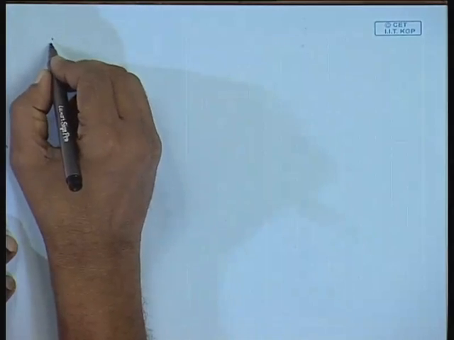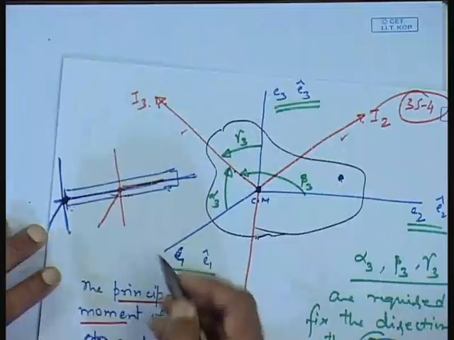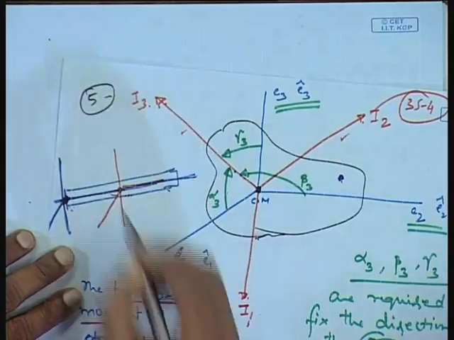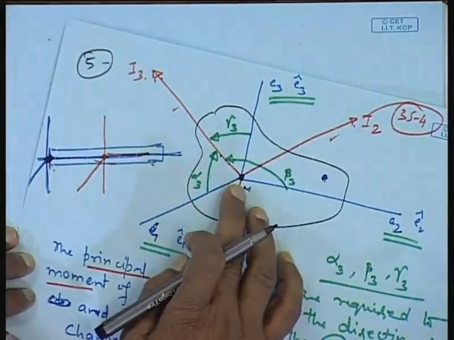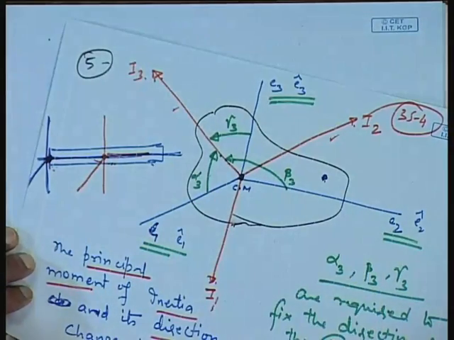So, the eigenvectors are the principal directions as we have written, and the fifth point we have discussed here was that as the point of consideration changes, the principal moment of inertia and its corresponding directions also change.